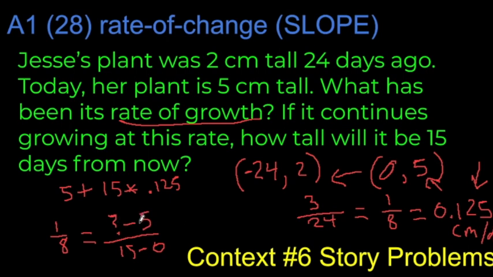All right, so some number minus 5 divided by 15 should give me 1/8. Okay, I think that this way is going to be easier for me. Could just use a calculator to do it. I'm going to come out with 6.875 centimeters tall.